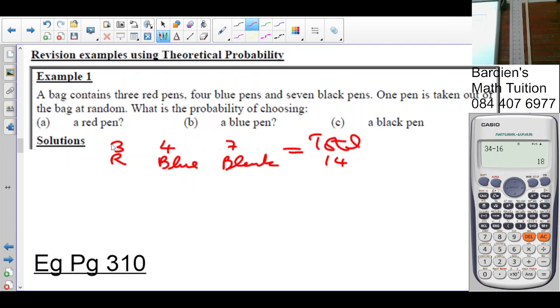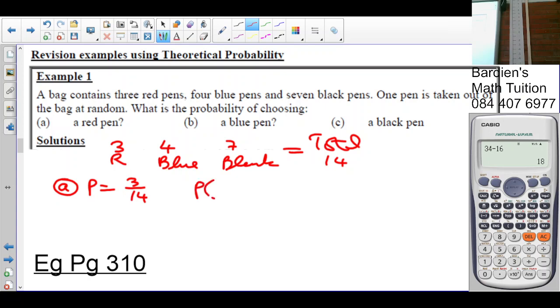We are told 1 pen is taken out of the bag at random. Okay, so the person that takes a pen out of the bag doesn't see which pen is taken out. So that is random. What's the probability of choosing a red pen? So the probability of a red is 3 out of 14.